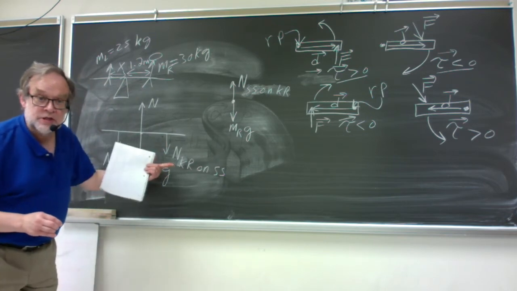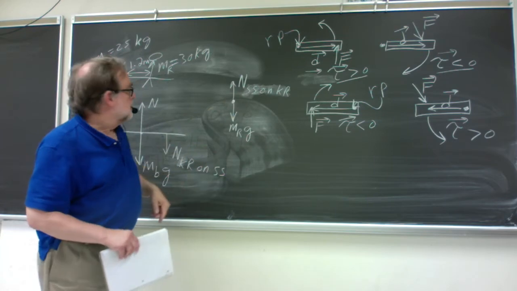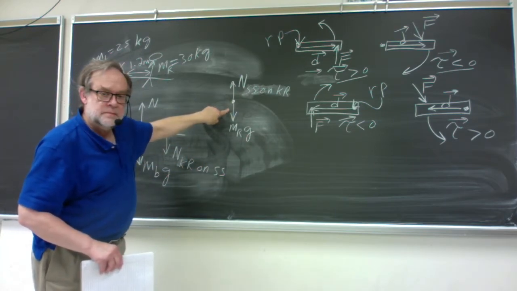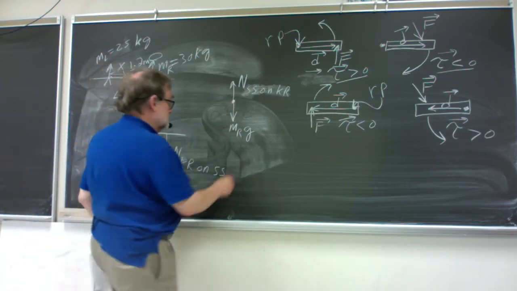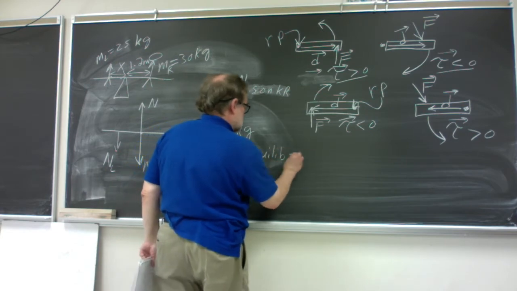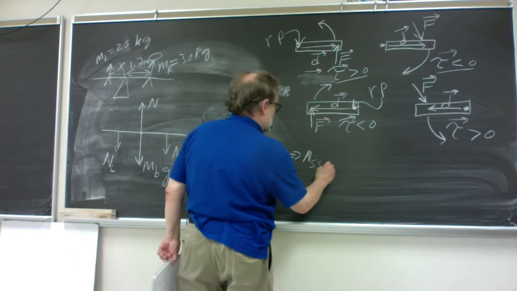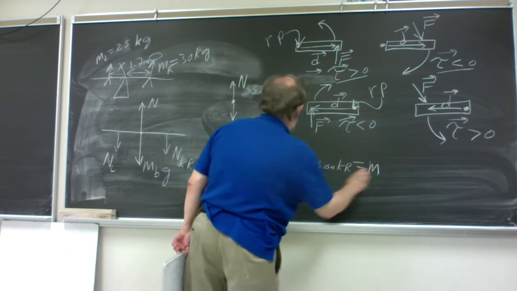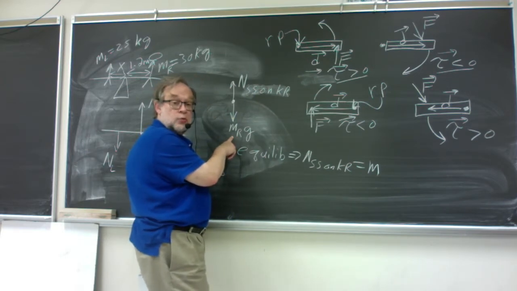This is a force on the seesaw. This is a force from the seesaw on the kid. Now, the kid is in equilibrium, so that means these two forces cancel out. The normal force from the seesaw on the kid on the right is equal to this force, the kid on the right's weight.